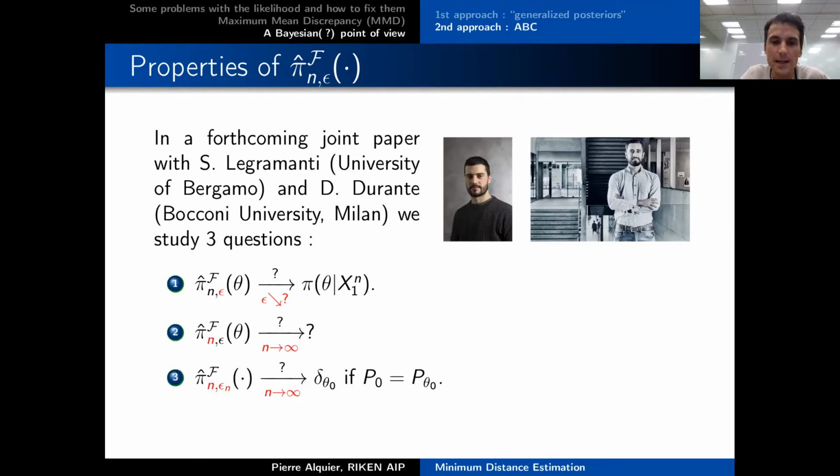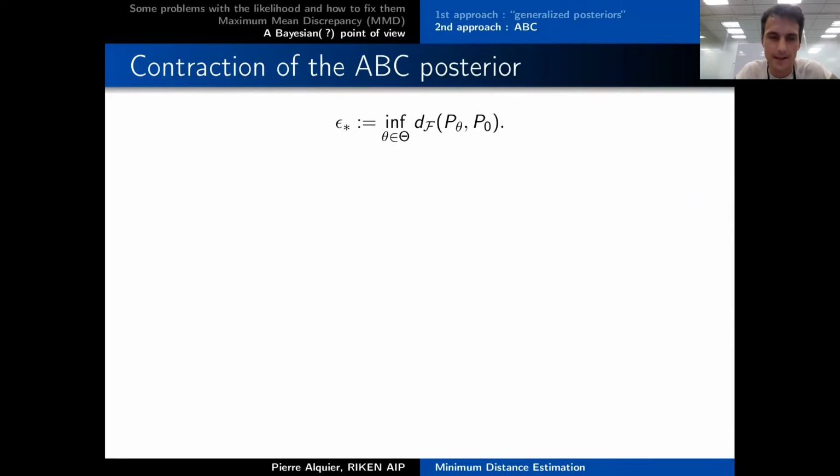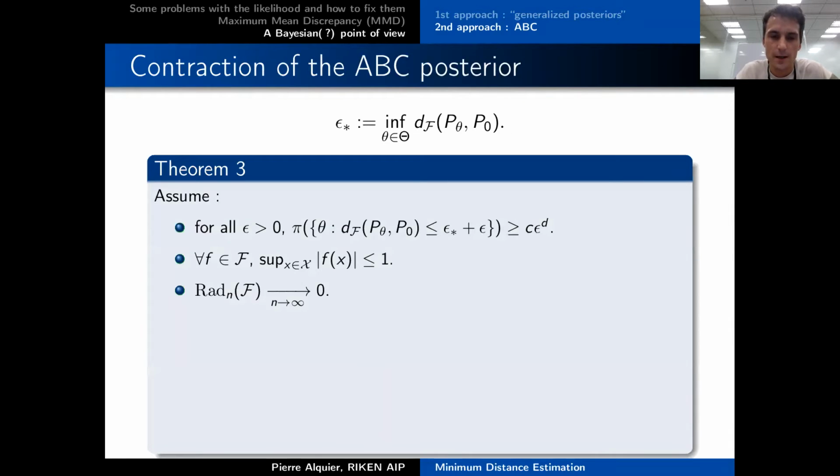Interestingly, we also have contraction results for these approximate posteriors. And if epsilon n is well chosen, you keep the robustness properties that we had in the non-Bayesian case.